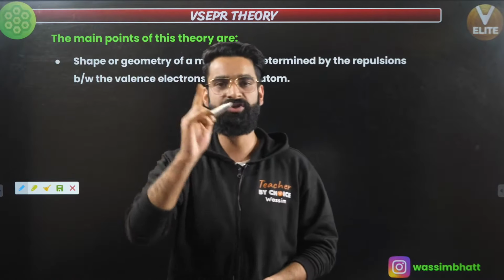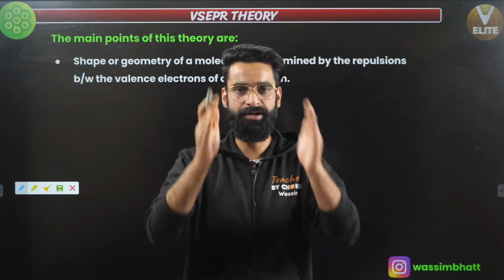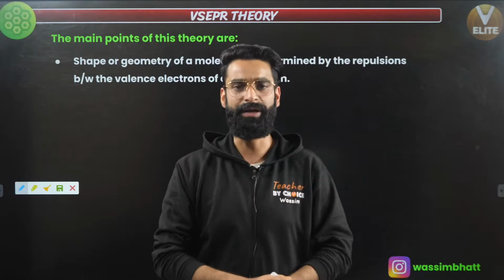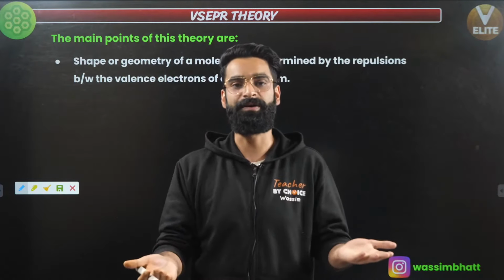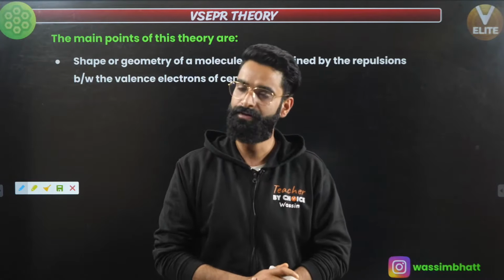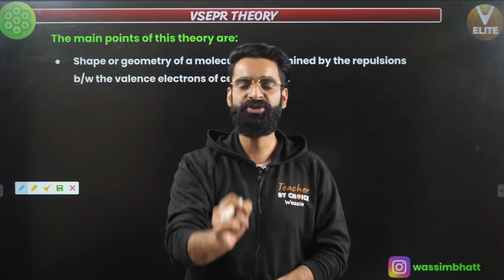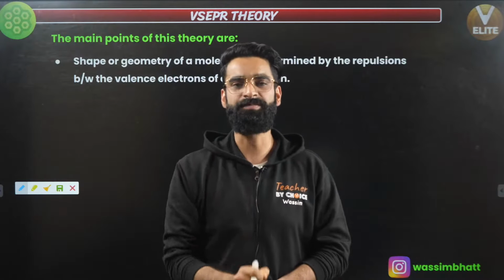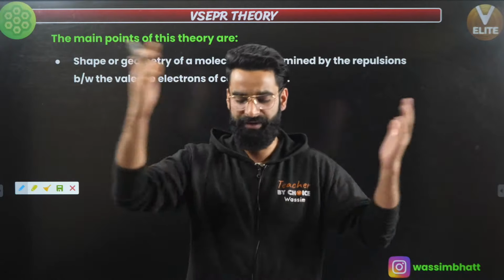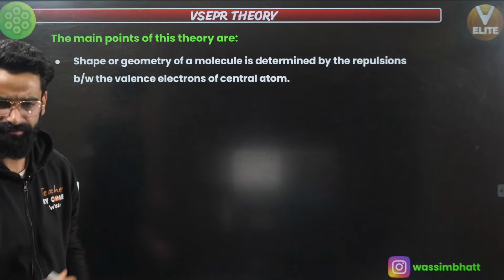To predict the shape of the molecule, you need to take into consideration the repulsions between the valence shell electron pairs, between bonding pairs and non-bonding pairs. Every molecule wants to have that shape in which the repulsions between these bonding and non-bonding pairs are minimum so that stability is maximum. This was the second point about the valence shell electron pair repulsion theory.